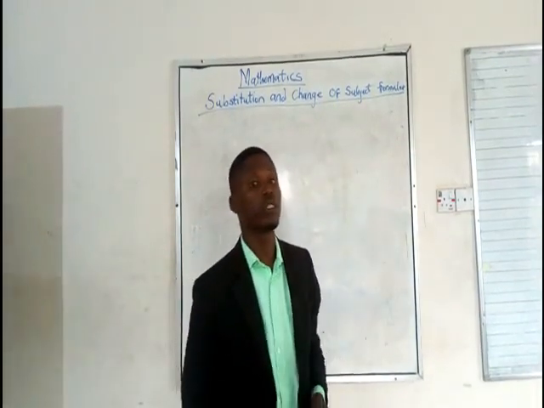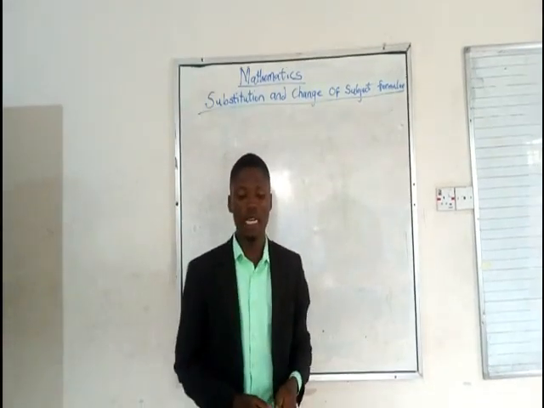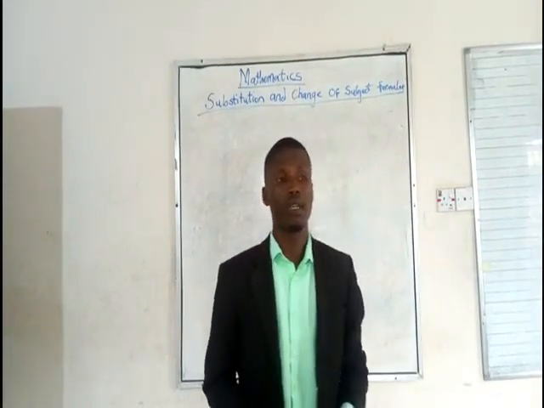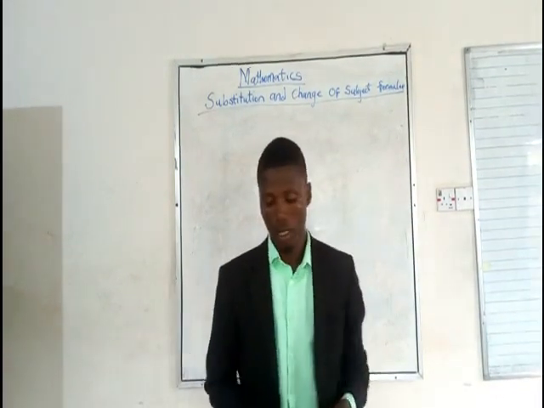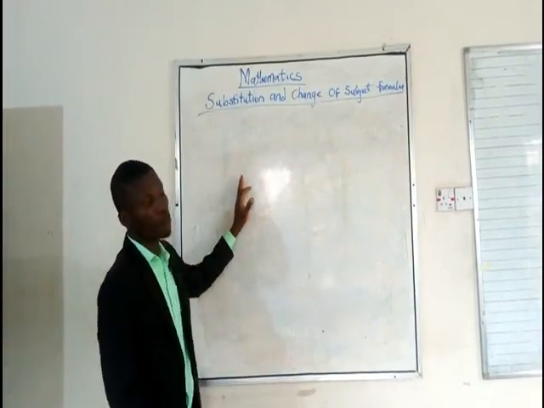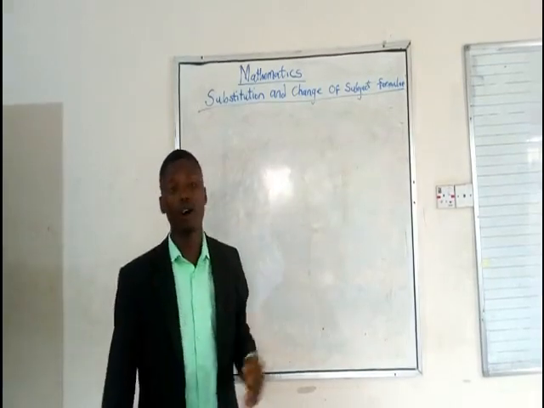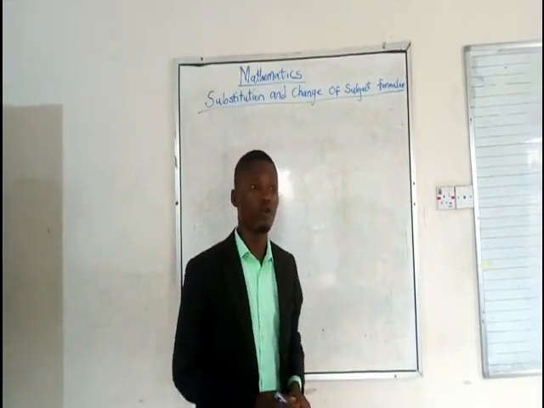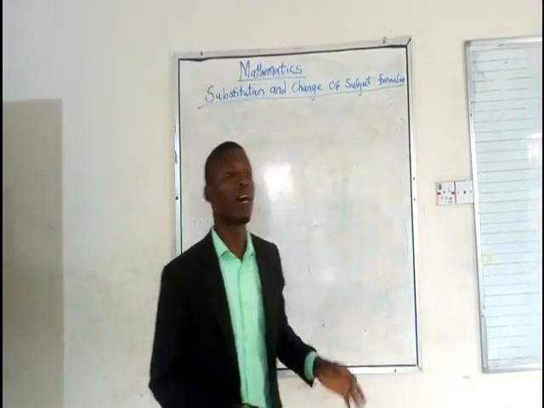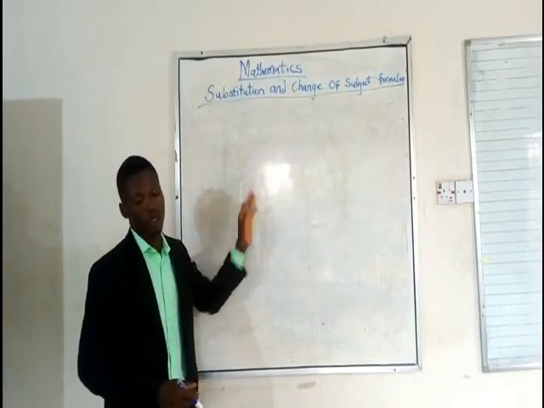We say substitution is the replacement of one mathematical entity by another equal to the value of the former entity. For example, during a game of football, when a particular player is injured or is not giving the coach what he wants, the coach will replace him with another player that will play exactly what the coach wanted.